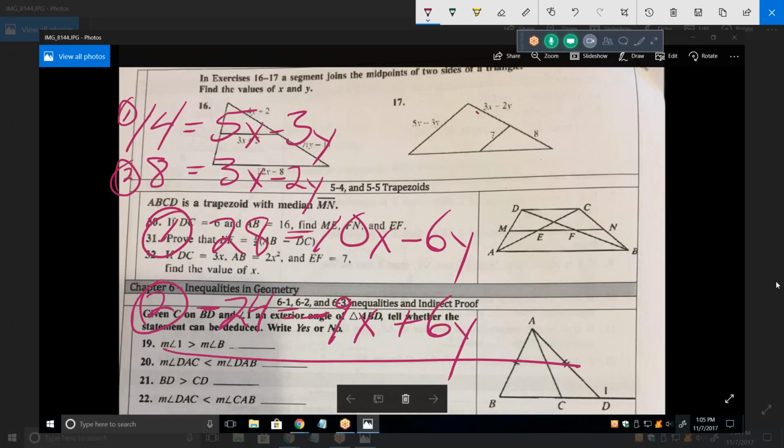And now I can add these two equations. I don't have to subtract them. And it's always better when you can add. People do not make the mistakes they make when they subtract. I would say that the mistake rate is like 90% when people are subtracting. When they're adding, it's like 10%.